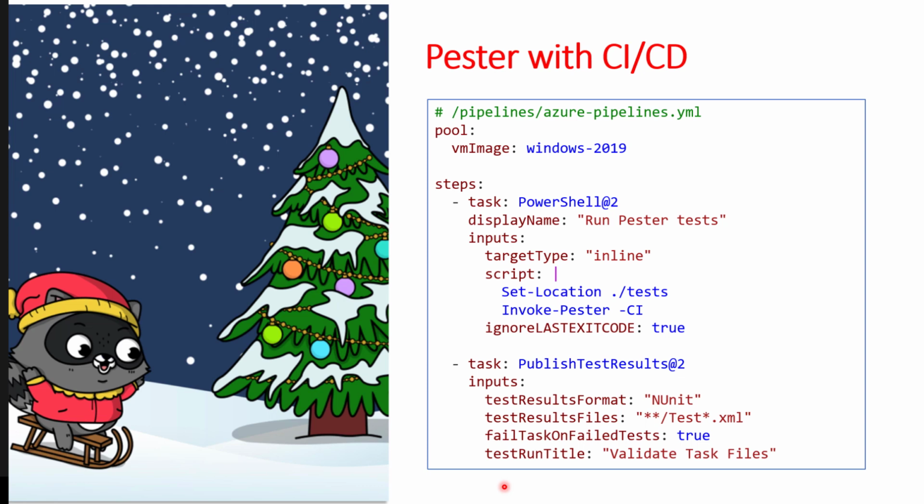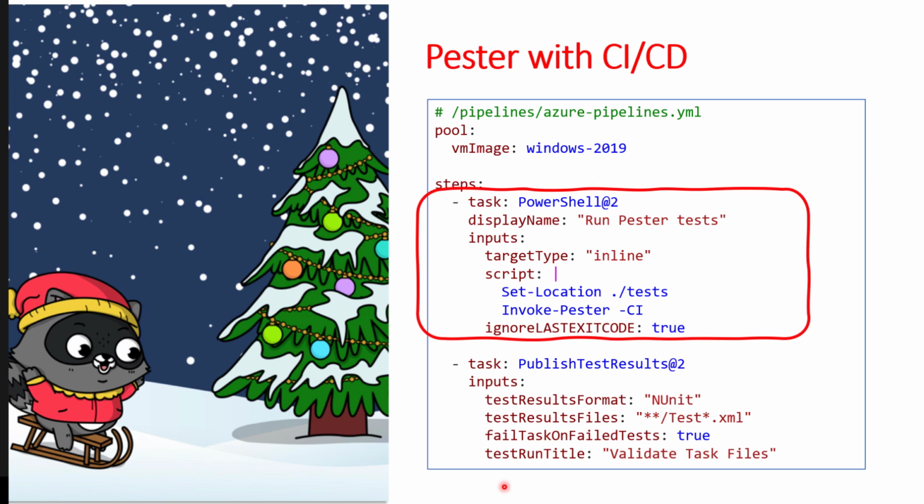Now, can we run Pester inside a CI/CD pipeline? And once again, the answer is yes. As you can see here, we have a task to run our Pester test. Okay, so you can see here it's a task of type PowerShell, and what we are doing here is to invoke Pester with the parameter -ci for continuous integration.